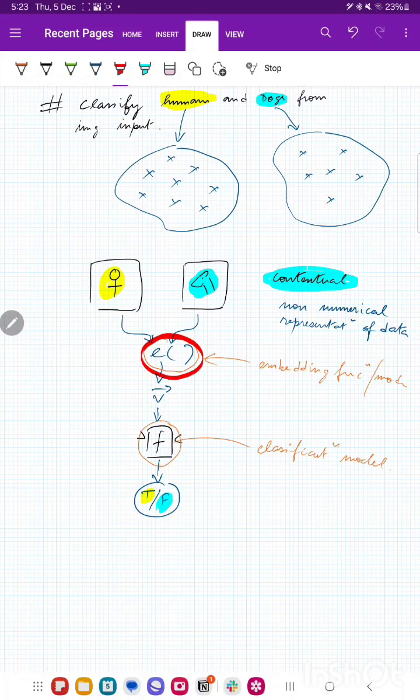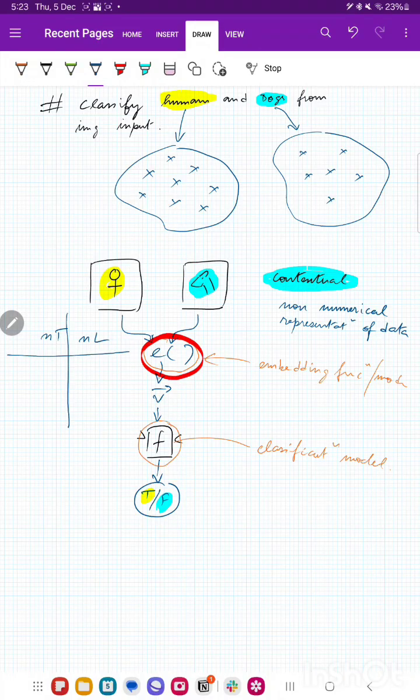For this we need to understand what feature representation is. Like this human, I mean, all humans and dogs have some attributes, right, that can be numerically represented. One attribute can be number of tails, and another attribute can be number of legs, for example.